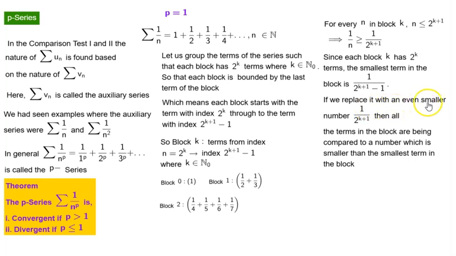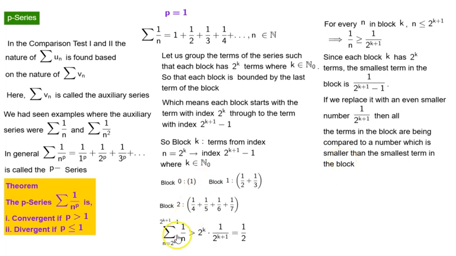If we replace it with an even smaller number, we basically remove this minus 1. So we end up with 1/2^(k+1), which is smaller than this. Then all the terms in the block are being compared to a number which is smaller than the smallest term in the block.